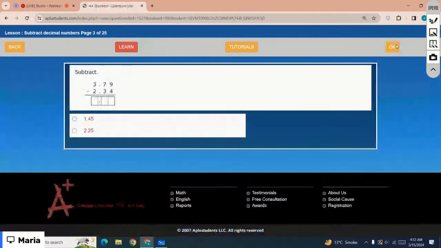The next one is 3.79 take away 2.34. So which is the correct option?